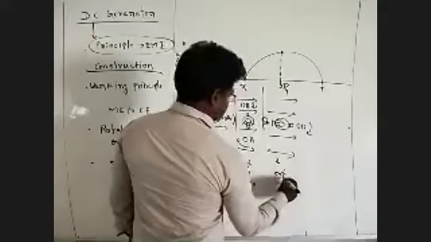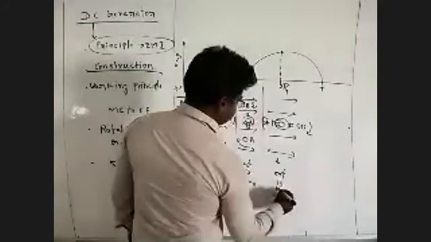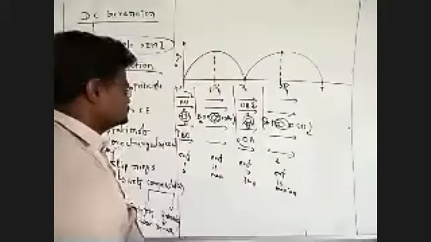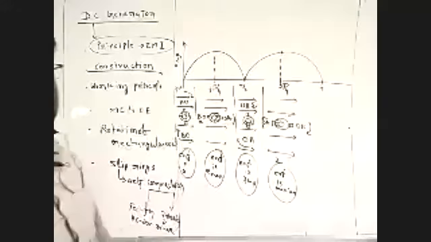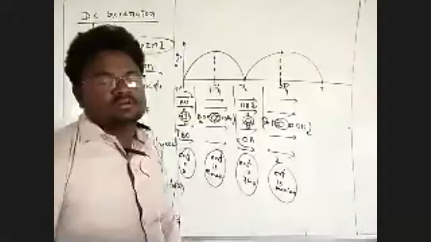EMF is maximum, Emax. Zero position, zero, maximum. This is the output waveform of a DC generator.